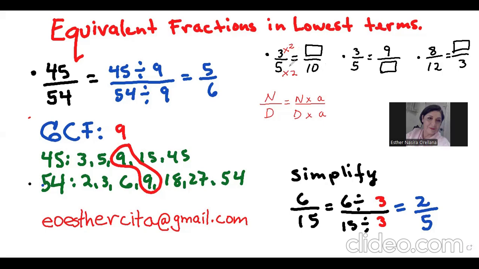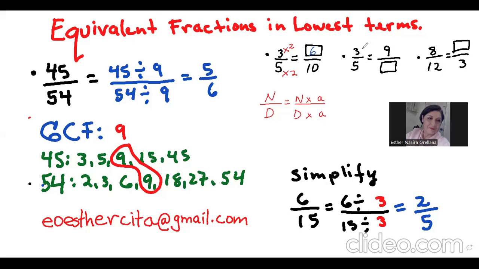So I need to complete the numerator. 3 times 2 is 6. So the answer for this is 6. So 3 over 5 and 6 over 10 represent the same number. They are equivalent fractions. In the next example, I have 3/5 and the numerator is 9.